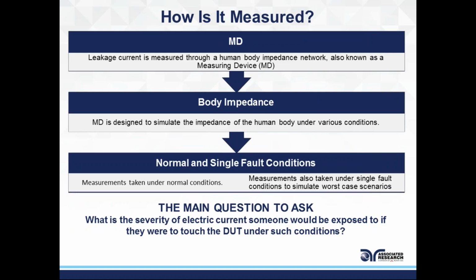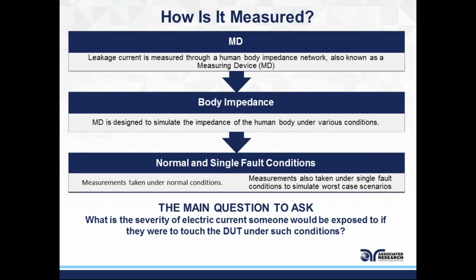The most important factor that determines how a leakage current test is performed is that you need a measuring device. Leakage current is measured through a human body impedance network. So a medical standard like 60601-1 will specify what kind of measuring device should be designed to simulate a human body.